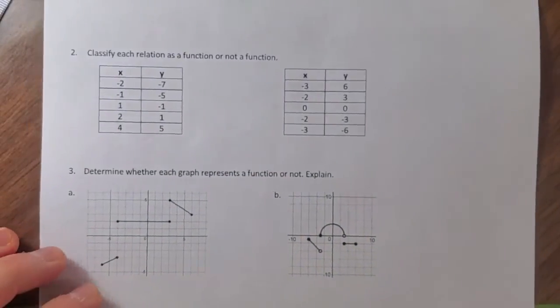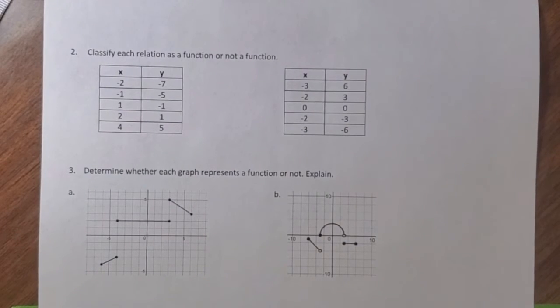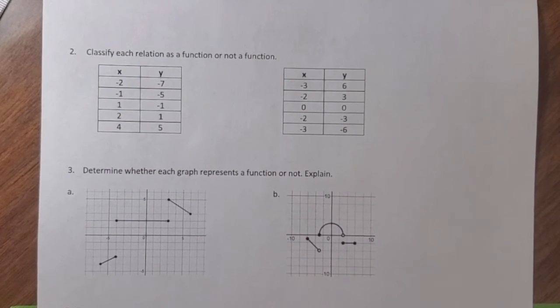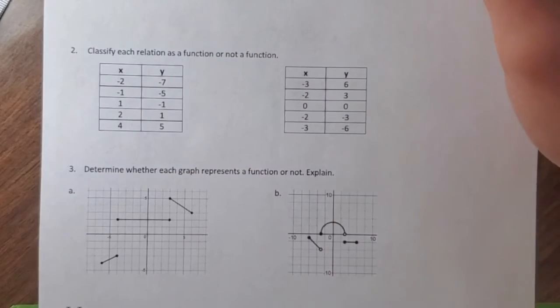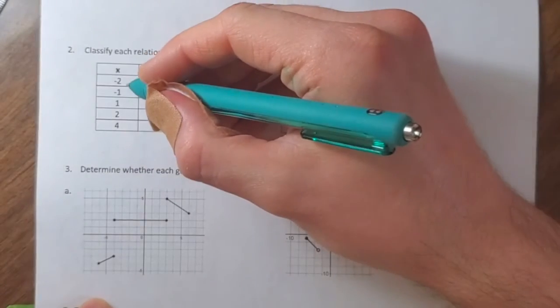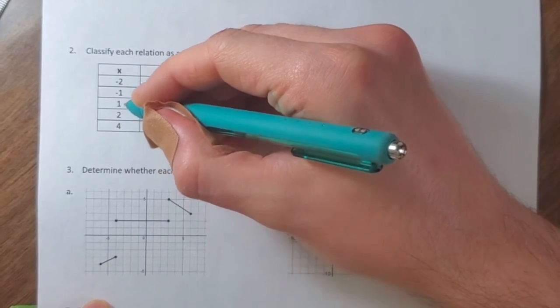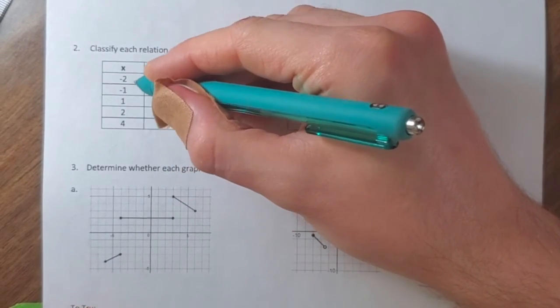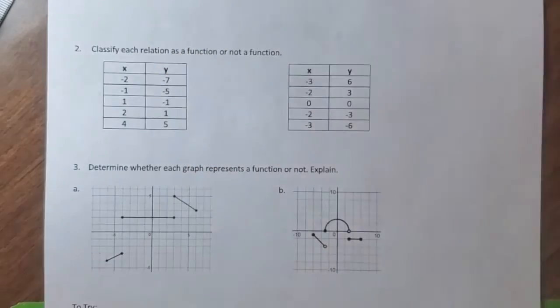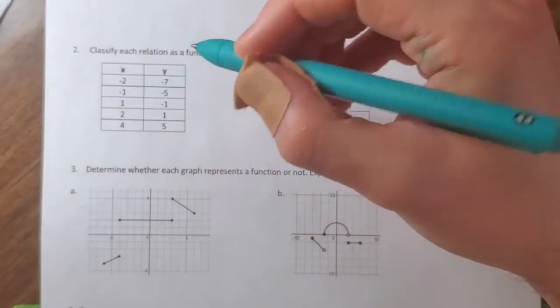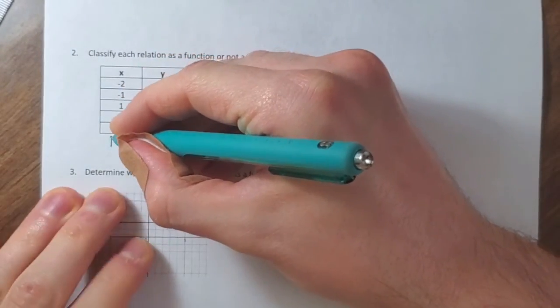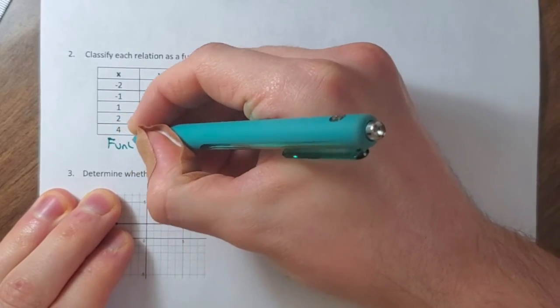Continuing on, we want to determine whether or not we have some functions with some tables. So I'll try out this first one here. We want to look at all of our x terms. We can see that we have all unique x terms here, which is a good thing, and those are all mapped to individual components of our outputs here. So this first one we can say is indeed a function.